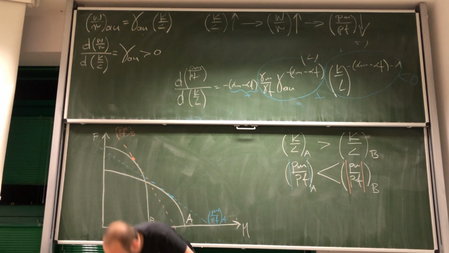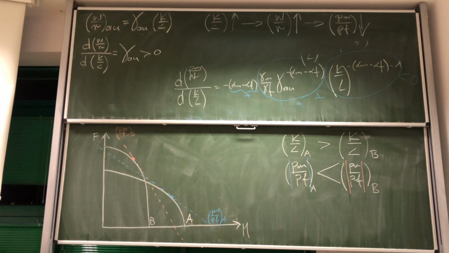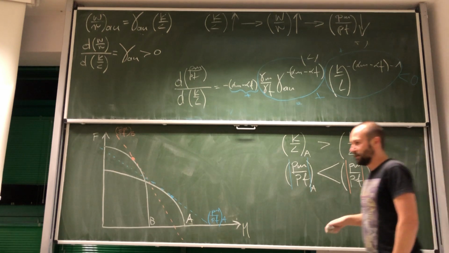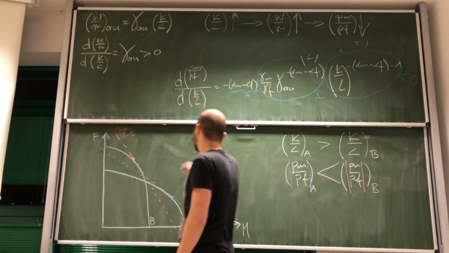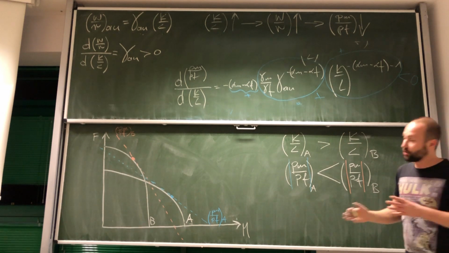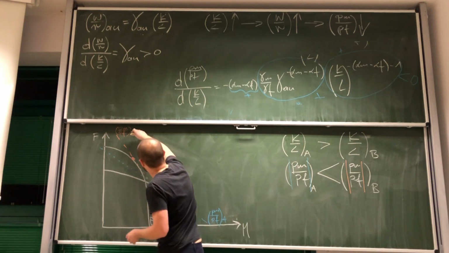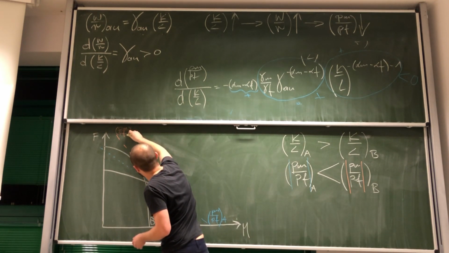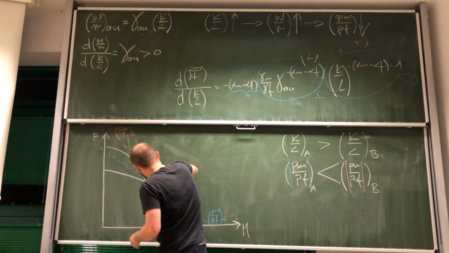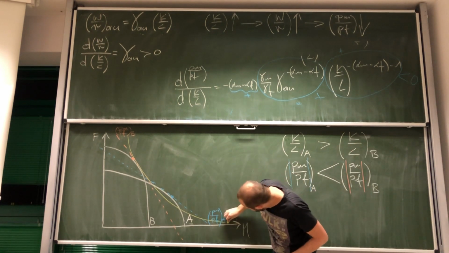And now we can finally draw the utility curves or welfare curves for those two countries. The exact shape of the utility curves would in this case also distinguish which country is better off. But I hope we can see that we can draw them, for example, like this. Here we have the Bolivian utility curve, the yellow one.